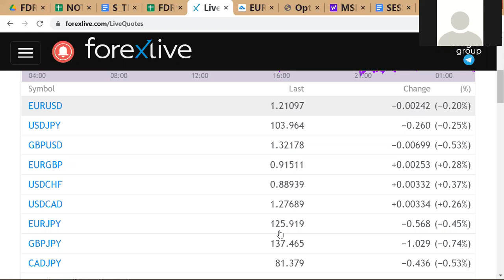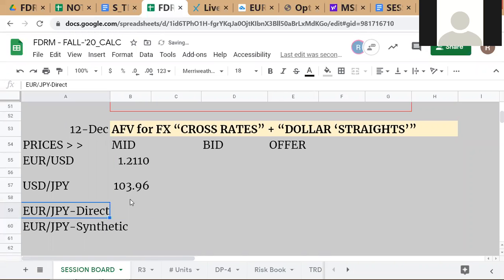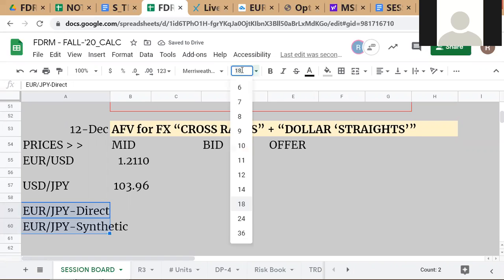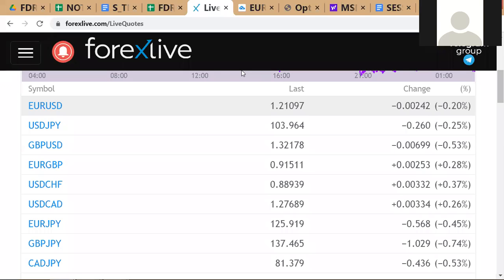If I go into the direct market for Euro Yen, as you can see, prices are quoted directly. And the other way to do Euro Yen is to do it synthetically. And so we can also look at the synthetic price, okay? Maybe just reduce the font size a little bit. Don't need to make it 18, right? Just make it a little smaller. So here we have 125.90.